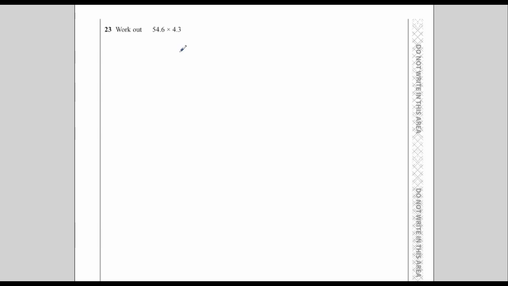The method that we're going to do today, let me think. Let's do the one called the Chinese lattice method. So we write out our number, 54.6 across and 4.3 going down.